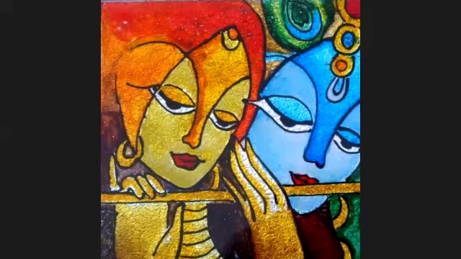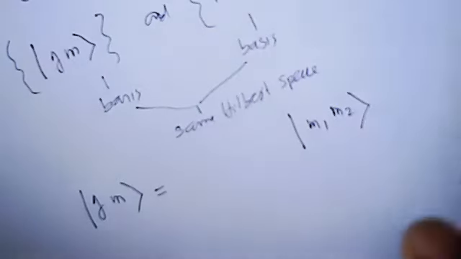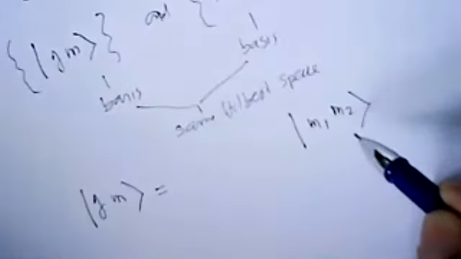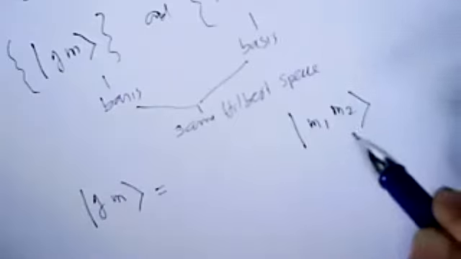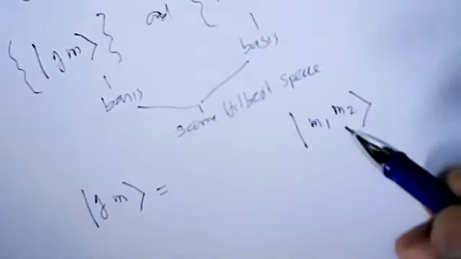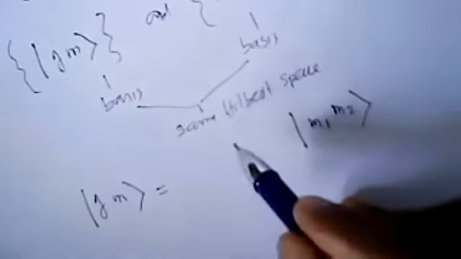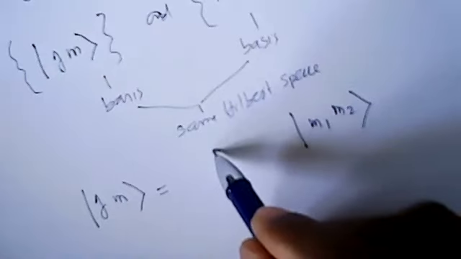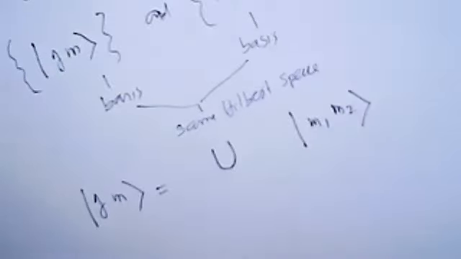You multiply with a unitary matrix, you will reach the other basis. So |J, M⟩ you will obtain from |M1, M2⟩ by a unitary transformation. That unitary operator we can write as capital U.